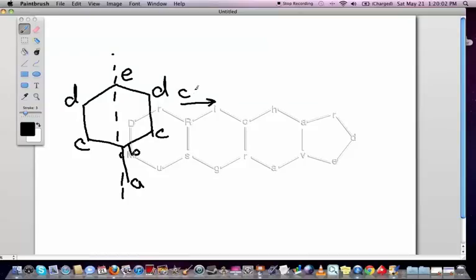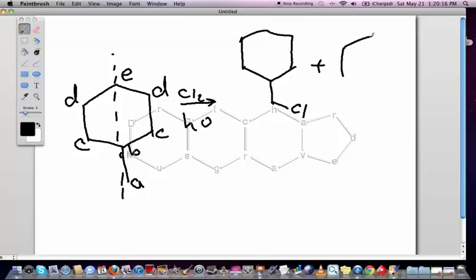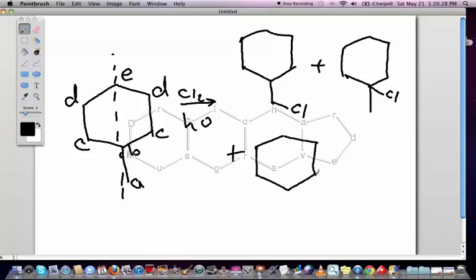So if I do Cl2 and light with this one, I'm going to end up getting 5 different products. And it's one for each different kind of hydrogen, which is each different letter that I have on there.